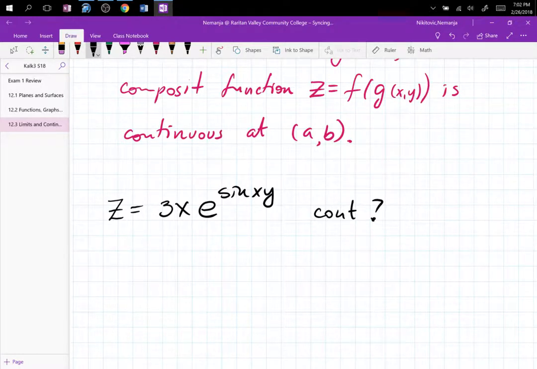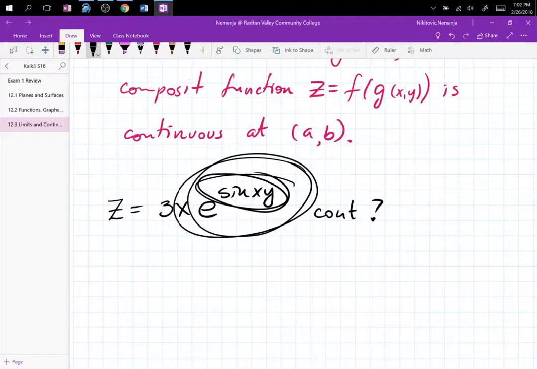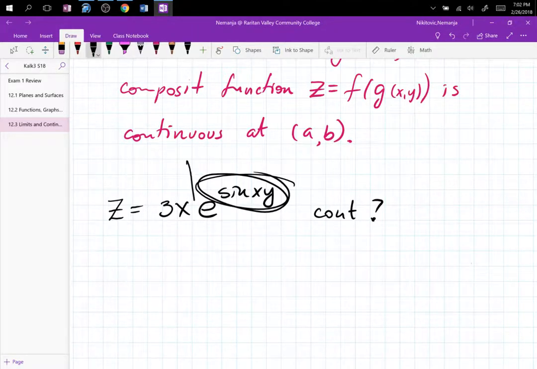Now, you have xy plugged into sine. Sine is continuous, xy is continuous, so the entire thing over here is continuous. Now that is plugged into e, in terms of the function composition, so that's continuous because e to the x is continuous.